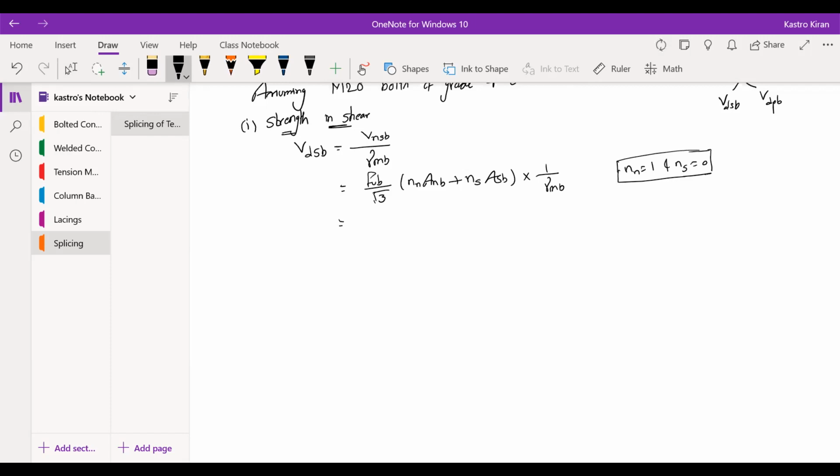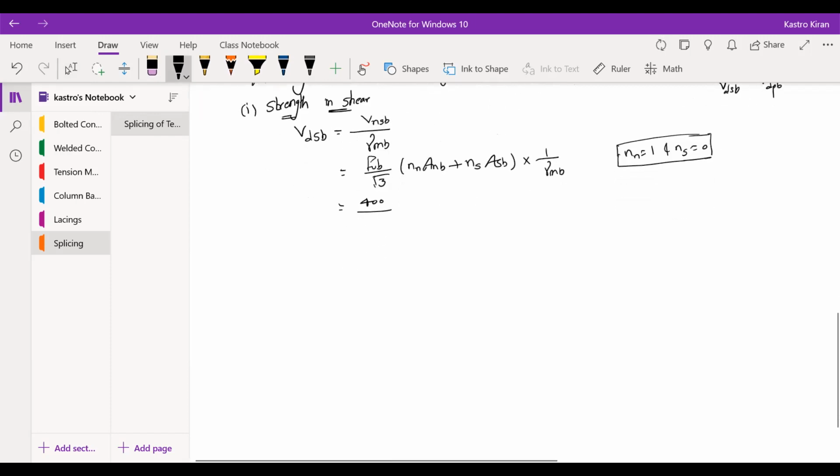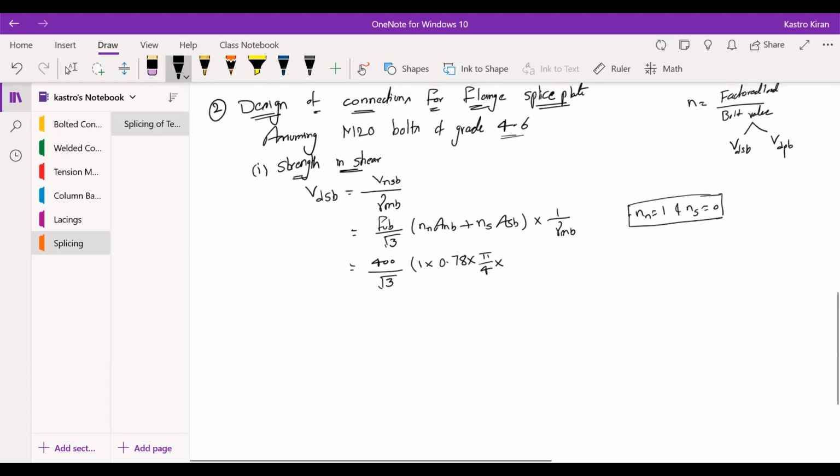Let's solve for this. So the value of FUB is 400 because we have assumed the grade of bolt to be 4.6. So FUB by root 3, NN value is 1, and ANB equals 0.78 pi by 4 into D square. So ANB formula is 0.78 pi by 4 into D square, where D is the diameter of bolt. So we have said that we are going to use M20 bolts, that means 20 mm diameter bolt, plus NS value is 0.